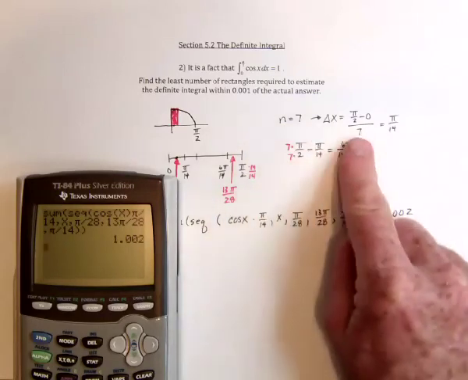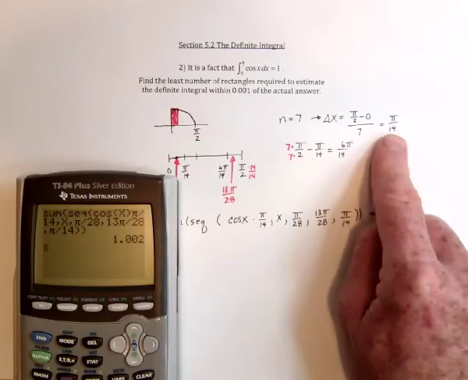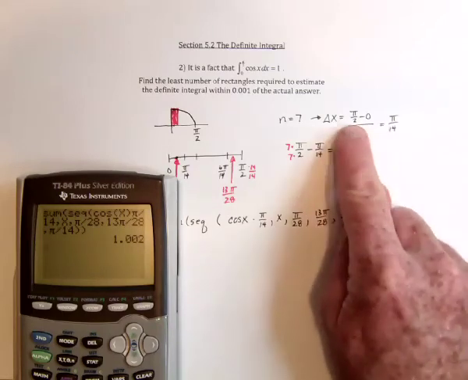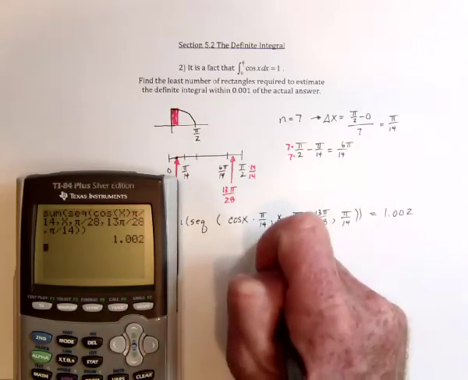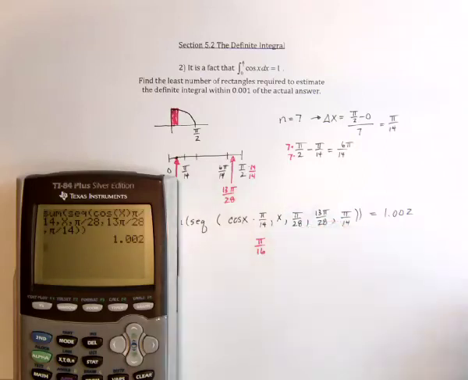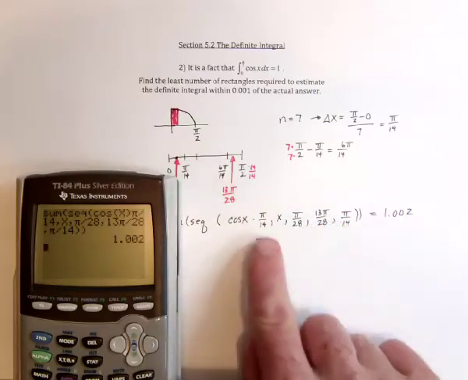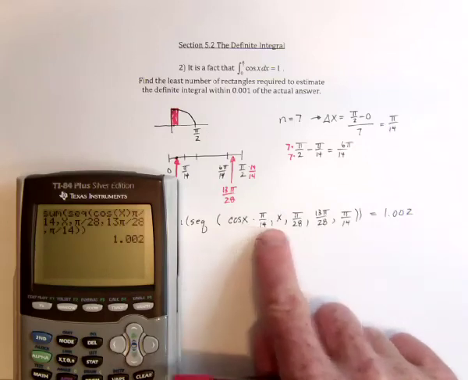So if we changed it to 8, this would be division by 8. So this would be a 16 instead of a 14. So the thing that would change is that this would be pi over 16. And then if you notice the difference between these two, all you have to do is double this to get that.